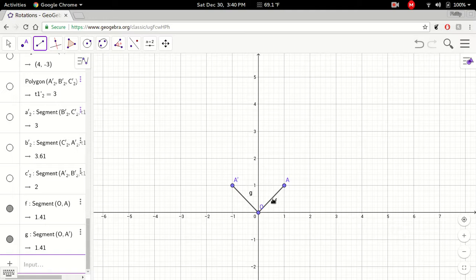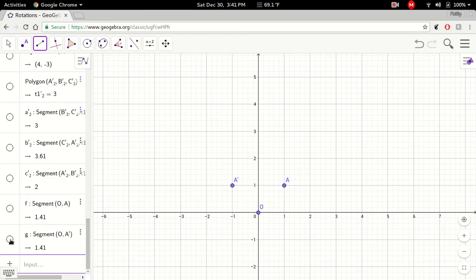So that gives us our rotation of 90 degrees of a fixed length going from a given point to our object that we're rotating. Going from our point of rotation, in this case the origin, to the point A and rotating that distance 90 degrees gives us the point A prime.